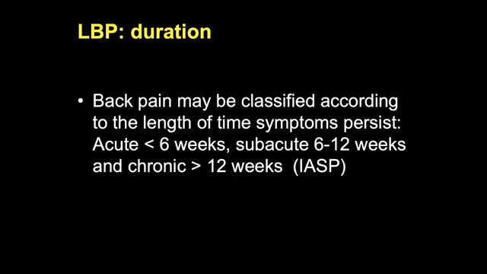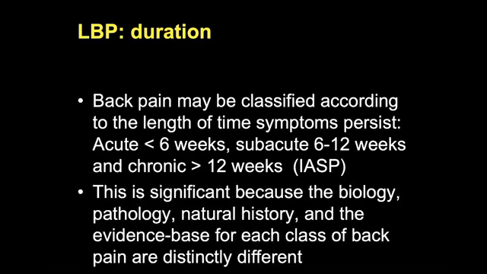In terms of duration, back pain may be classified according to the length of time. According to the International Association for the Study of Pain, acute is less than 6 weeks, subacute is in the 6 to 12 week range, and chronic is greater than 12 weeks. This is significant because the biology, pathology, natural history, and evidence base for each class of back pain can be distinctly different.